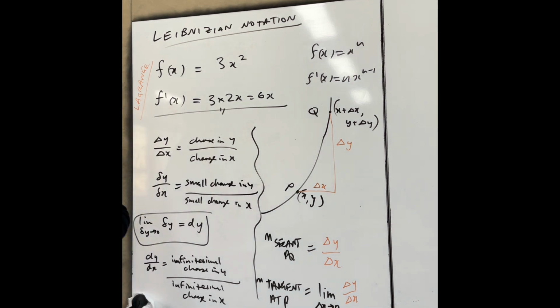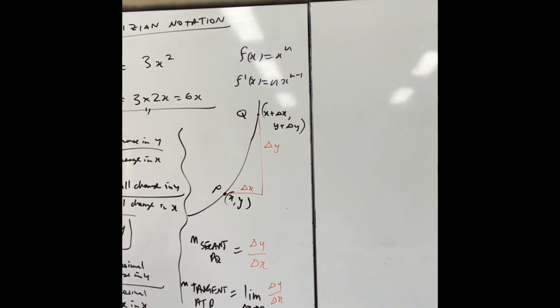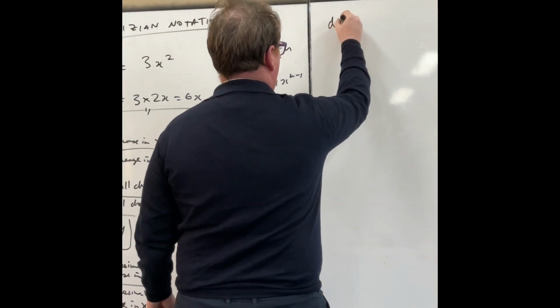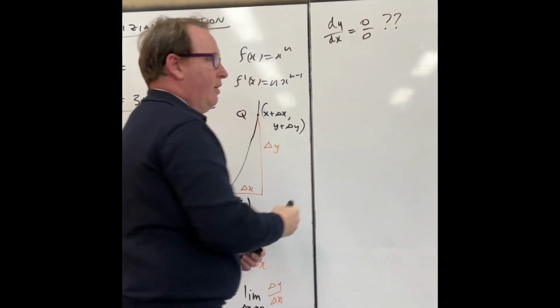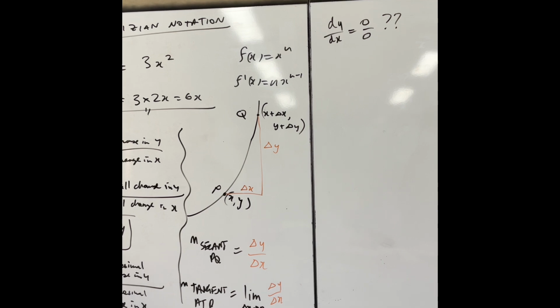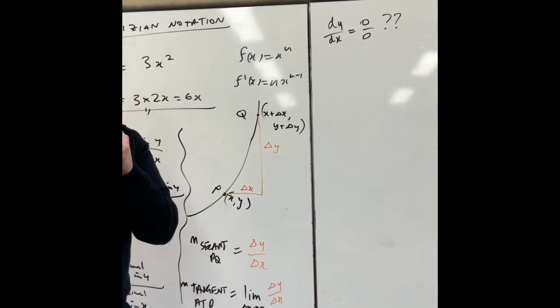So it's not quite wrong to say, it sort of is wrong, but it's not quite wrong to say that dy over dx is kind of 0 over 0. As in the infinitesimal change in y is technically speaking 0. And the infinitesimal change in x is technically speaking 0. It's just sometimes that 0 over 0 can be in a stable ratio, and you've seen that.